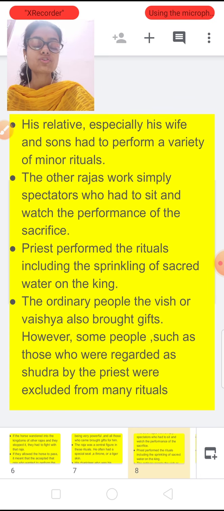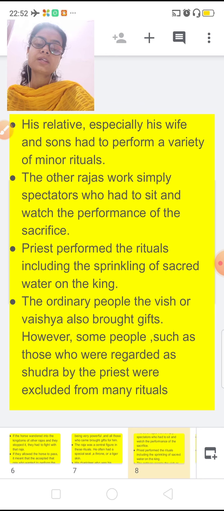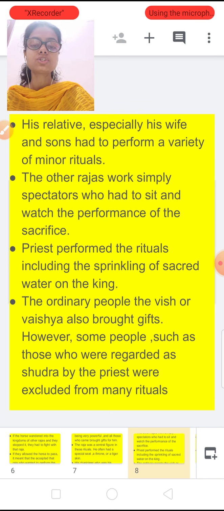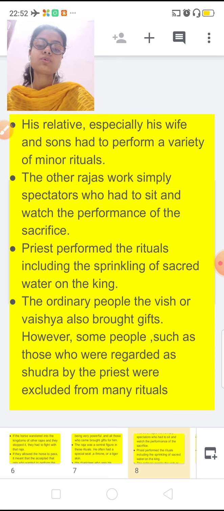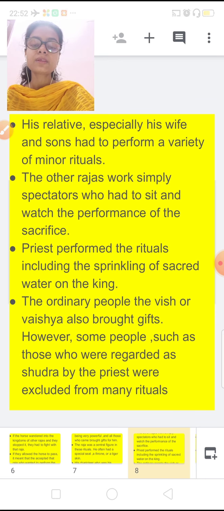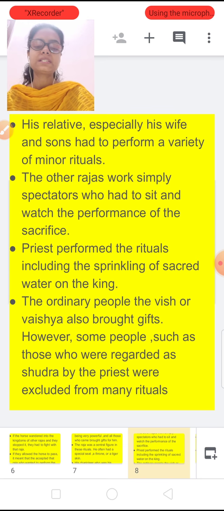So this kind of question can also come: who were excluded from these kinds of rituals? Shudras. Who brought gifts for the king? Ordinary people. And who sprinkled the sacred water on the king? The priest.